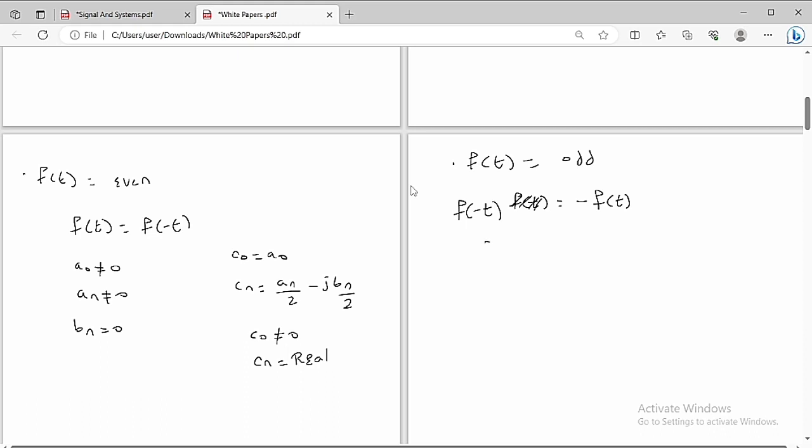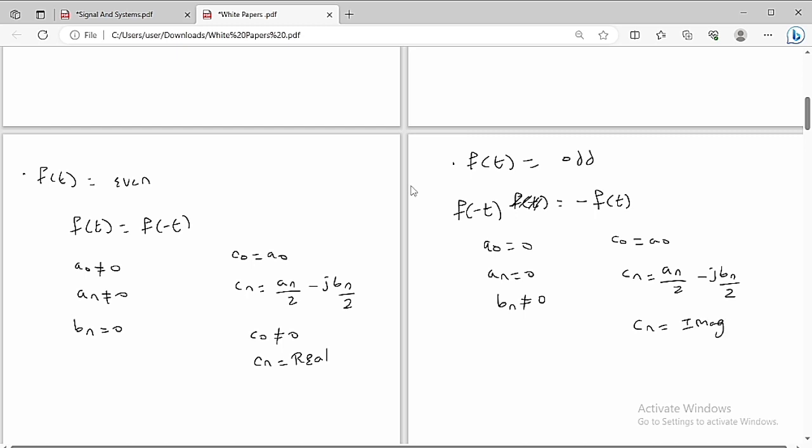In that case a0 is equal to 0, an is equal to 0, and bn is not equal to 0. So c0 is equal to a0, cn is equal to an by 2 minus j bn by 2. As an is equal to 0, cn is purely imaginary.